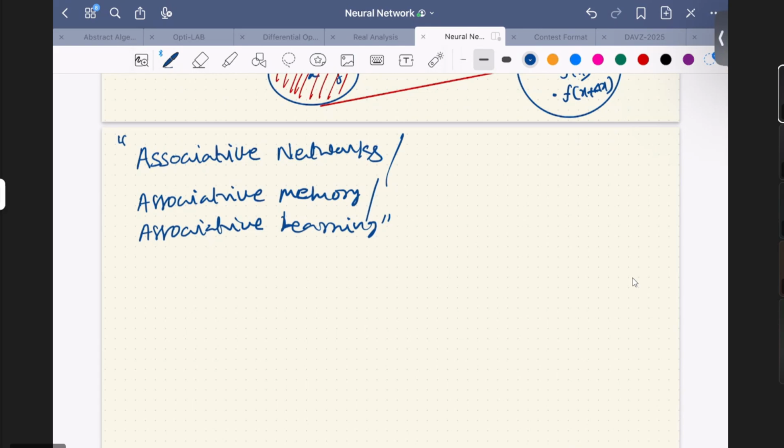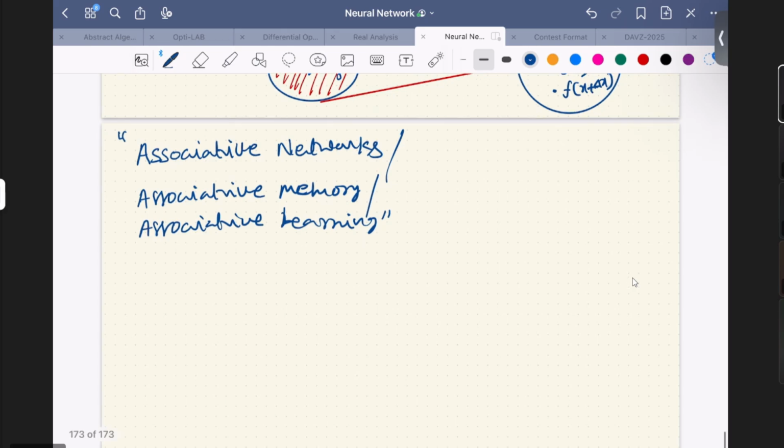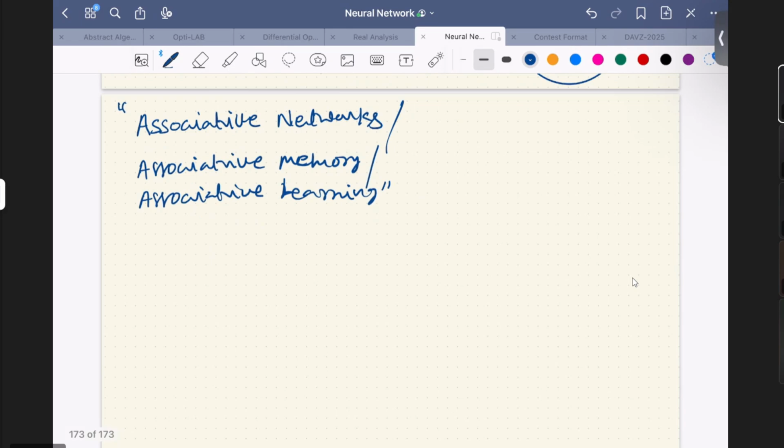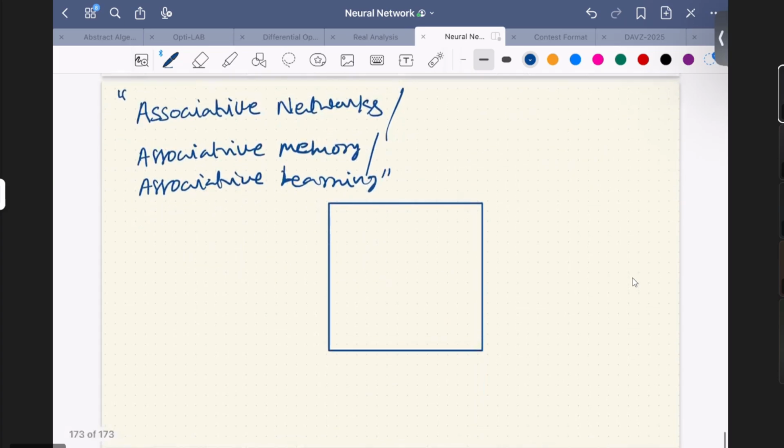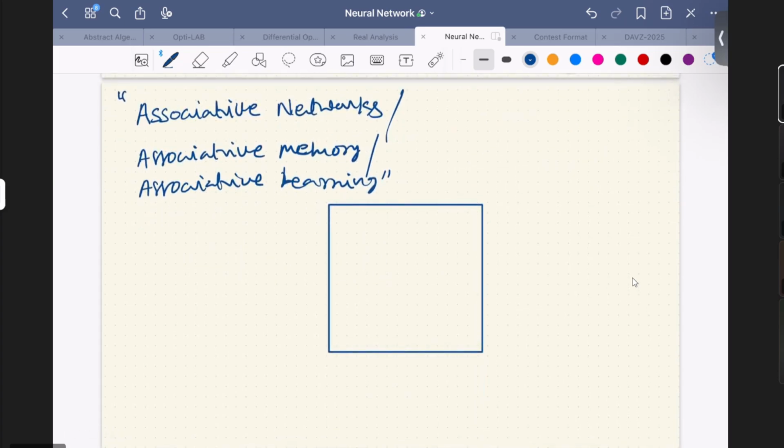Now let me extend the earlier discussion. Suppose you have a network, I'm not talking about what network it is, some system which is mapping vectors, input vectors.